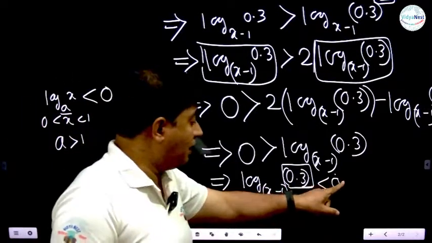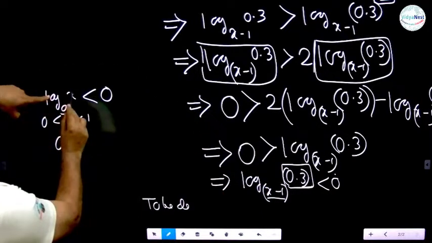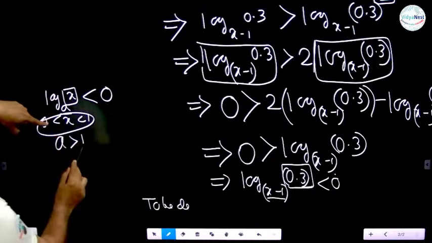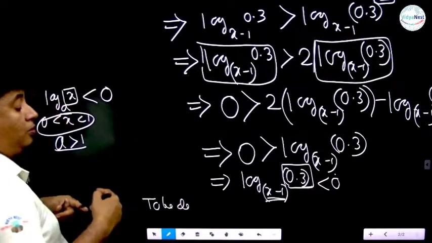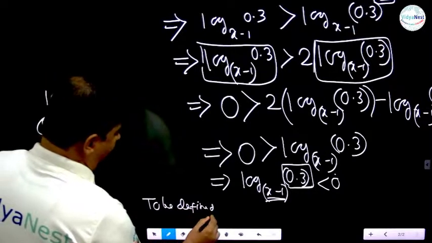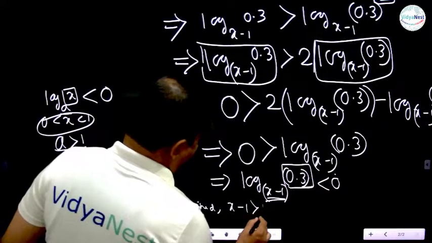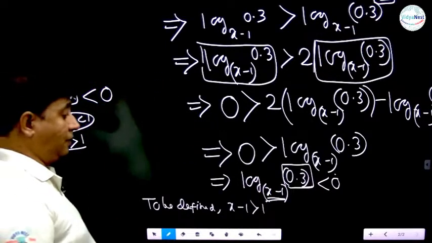But ये नेगेटिव है, तो इसको सेटिस्फाई करने के लिए देखो x जो है वो 0 और 1 के बीच में और बेस 1 से ज्यादा, तो यहाँ पे जो बेस है इसको 1 से ज्यादा होना चाहिए. To be defined, x minus 1 must be greater than 1. ओके, ठीक है.